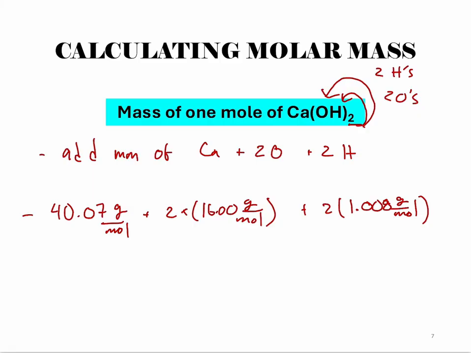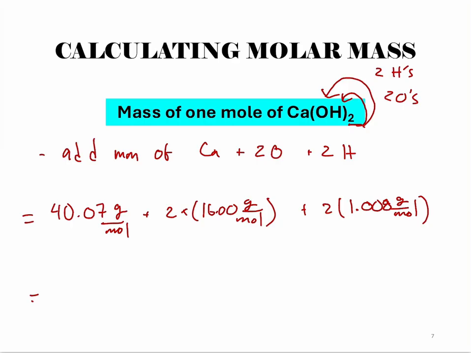Adding all these together, we get 40.07 plus 2 times 16.00 plus 2 times 1.008.